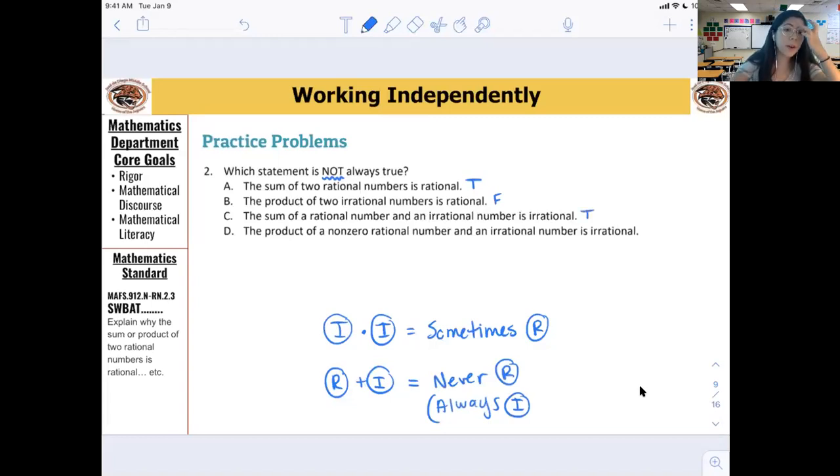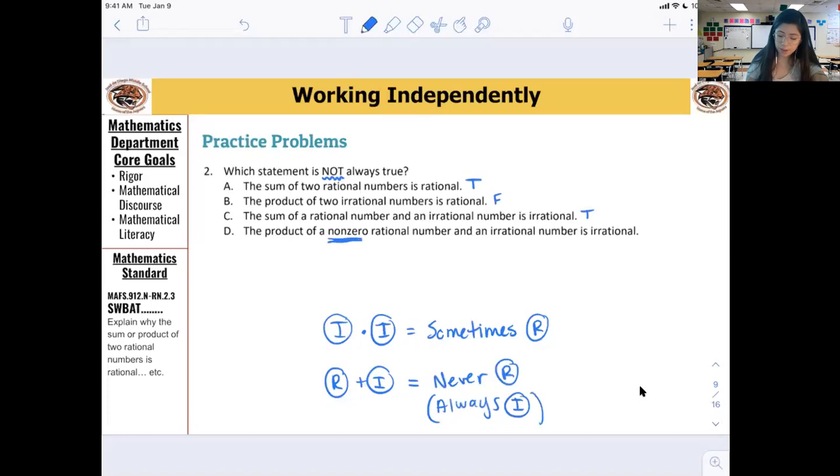And then finally, the product of a non-zero rational number. The reason it says non-zero is because we know that the product of anything times zero will just be zero. So by telling you that it's non-zero, that's just making sure that the answer doesn't end up being zero.